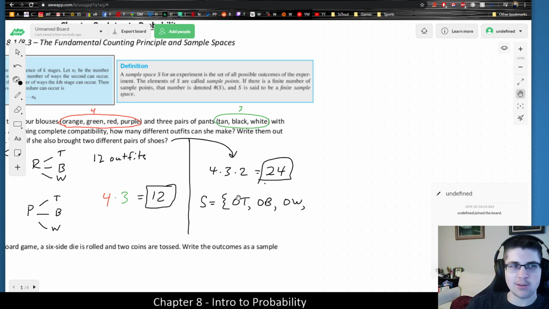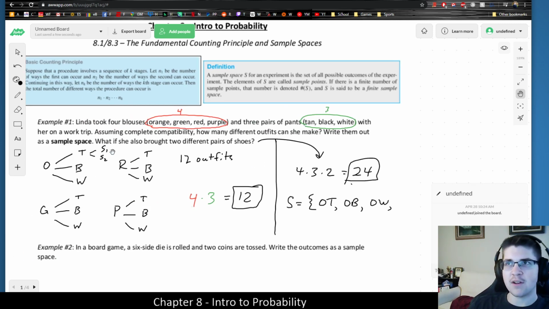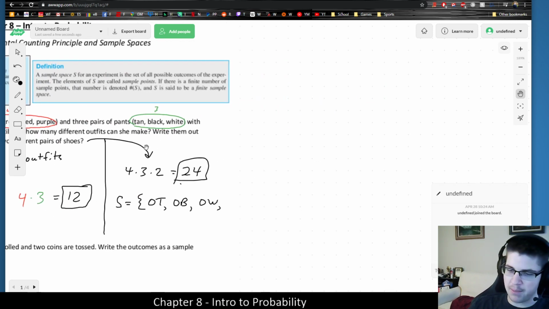Or you could list it as orange, tan, but obviously we're using abbreviations, and I chose colors for the example that made it so there were no duplicates. But say that there was blue and black, then you'd have to differentiate B from B. Often subscripts are used to differentiate, say, shoe 1 and shoe 2 if we don't have different colors on them. But basically, if we finish this list, we could list every outfit combination.